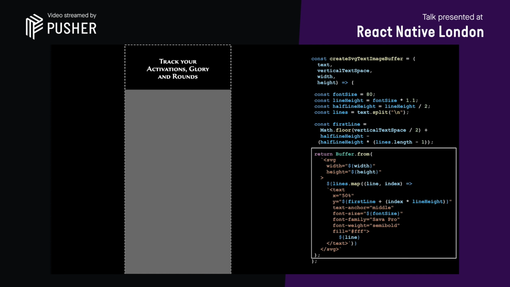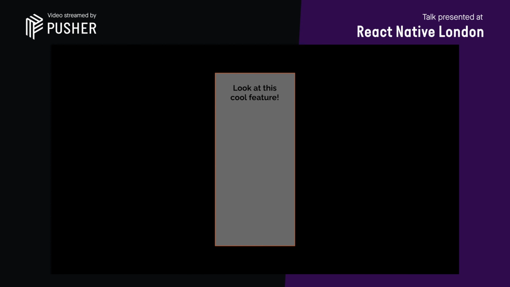Finally, we can loop over the lines and add text elements to our SVG, offset by the right vertical distance based on our line height and the index of the line. The SVG, as I mentioned earlier, is actually the same size as our whole image. So if we get the placement of the text right here, we don't have to worry about positioning the SVG later. It just sits over the whole final image.